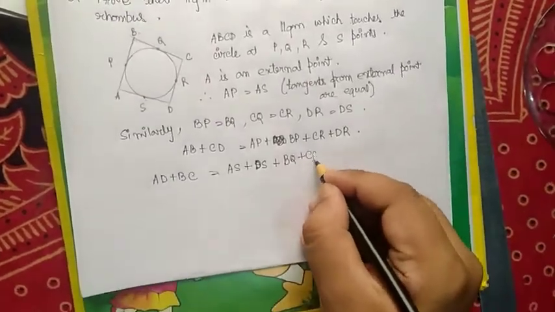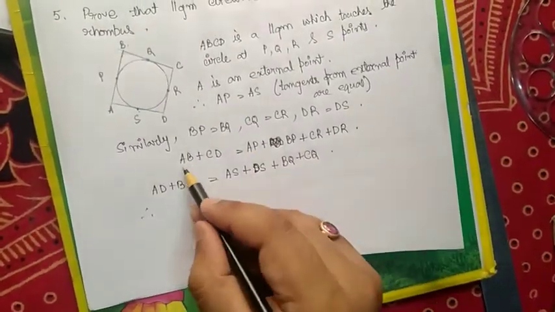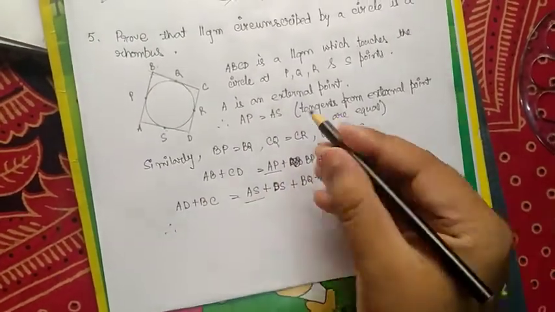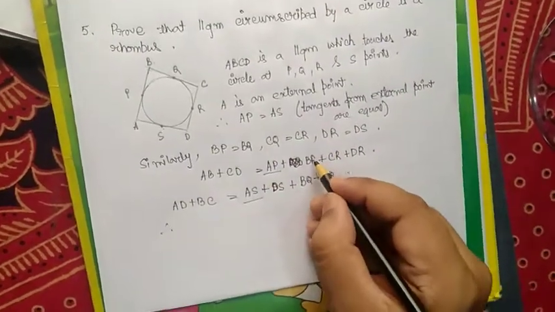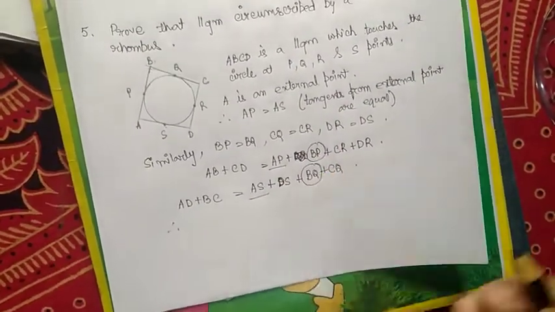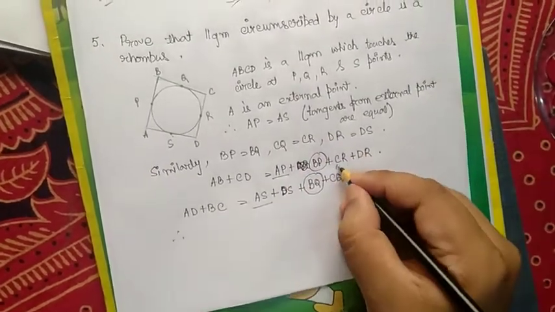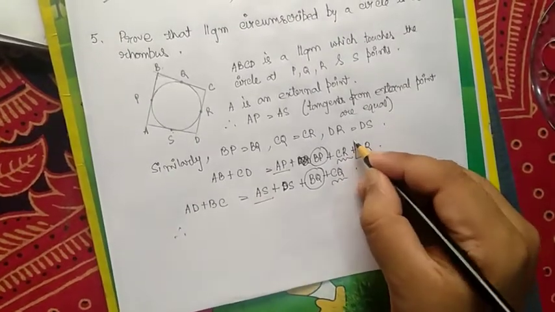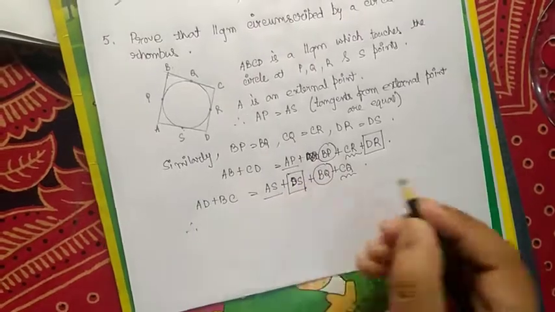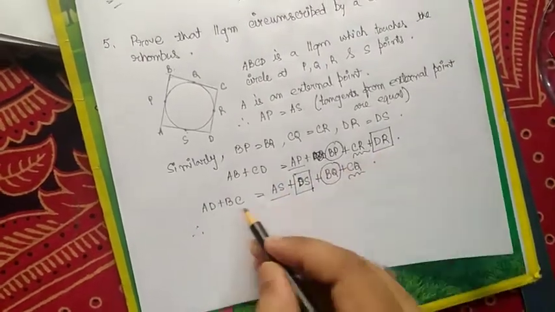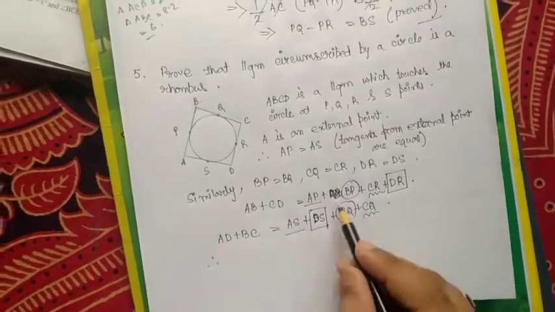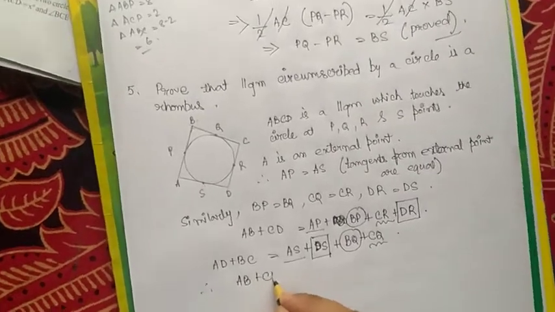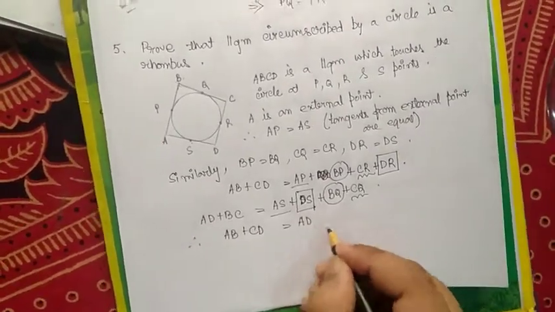So therefore we can say that AP equal to AS, BP equal to BQ, CQ equal to CR, and DR equal to DS. So therefore AB plus CD, and AD plus BC, all the four values are equal. So therefore we can say that AB plus CD equal to AD plus BC.